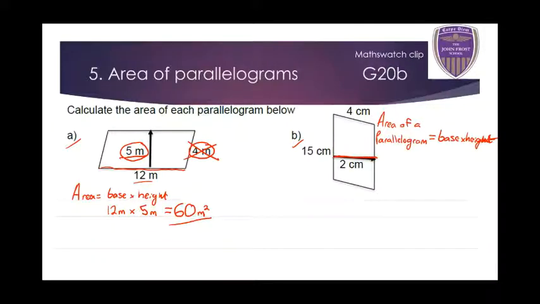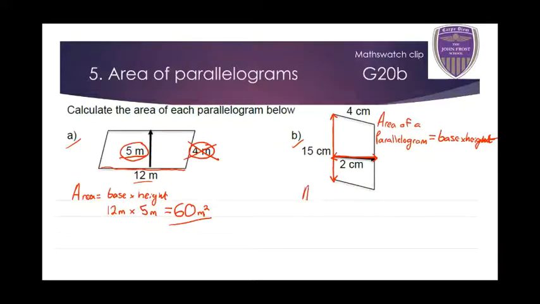Or we can call the 15 centimeters the height because it is a straight line going up. So even though the shape has been tilted slightly, because these are straight lines, one going straight across and one going straight up, we can call these the base and the height of this parallelogram.